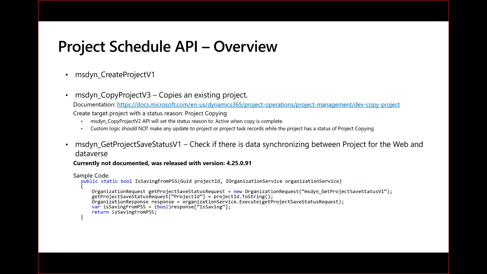We're going to give it as parameter the project ID that we're talking about, and then we're going to execute it. And basically, we will get a Boolean response telling us whether there is a save ongoing on that project or not. That typically will help us make sure that our custom logic is not interfering with the project scheduling service.